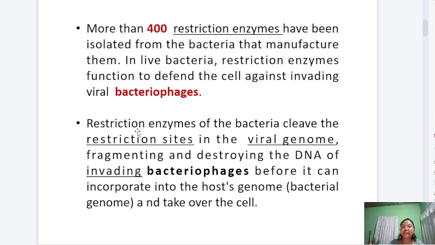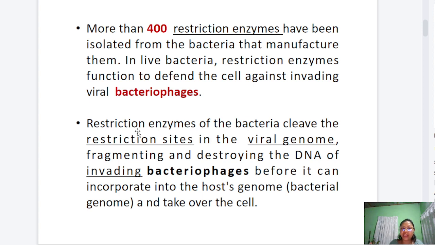Let me emphasize this line more. We are saying that these restriction enzymes are going to identify the DNA sequence, and once they identify it, they are going to cut it. We are also saying that these restriction enzymes act like a defense mechanism, like warriors.